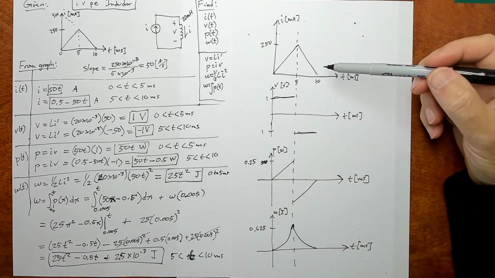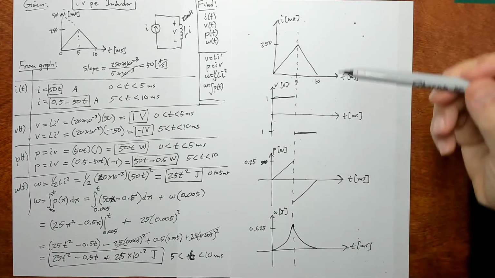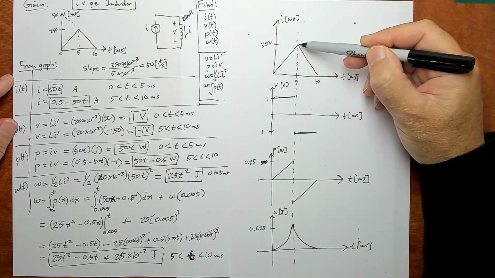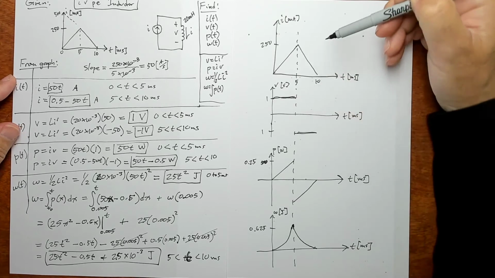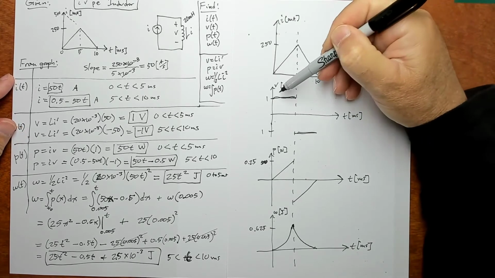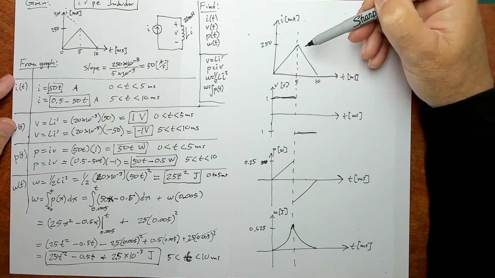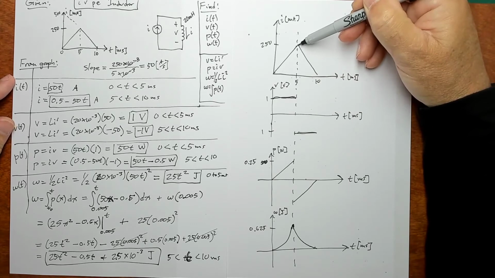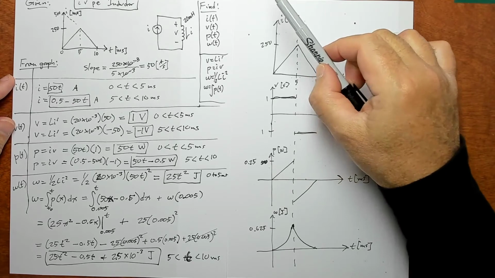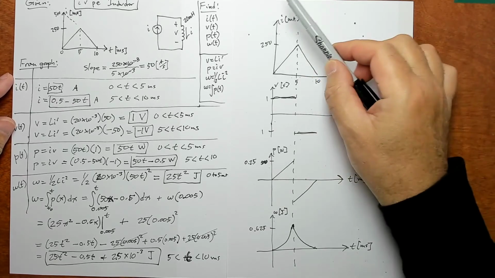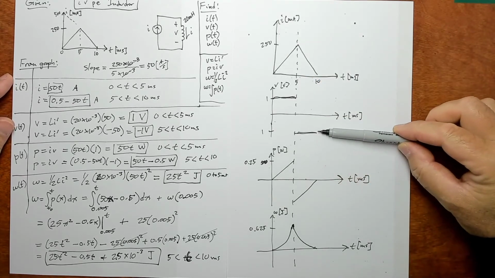So we can talk about this graphically, what's going on here. I've got I coming up at a constant rate, so the derivative is constant, so I have a constant voltage, and then here the slope changes direction and stays at a constant slope, so it becomes negative, and so this becomes negative.